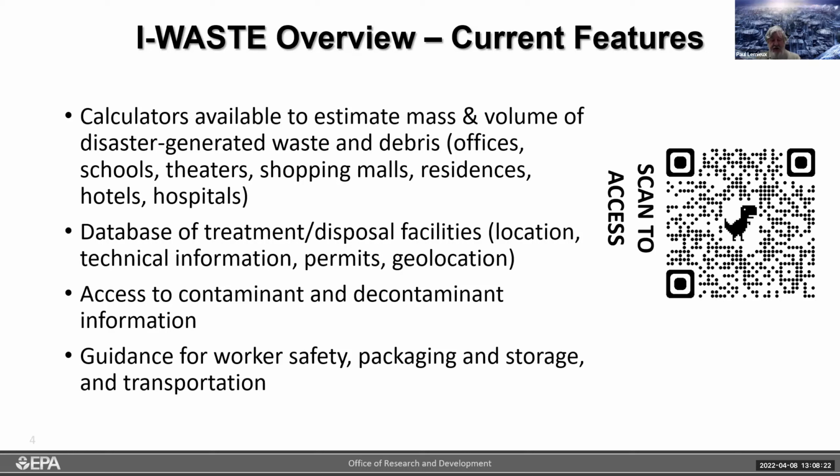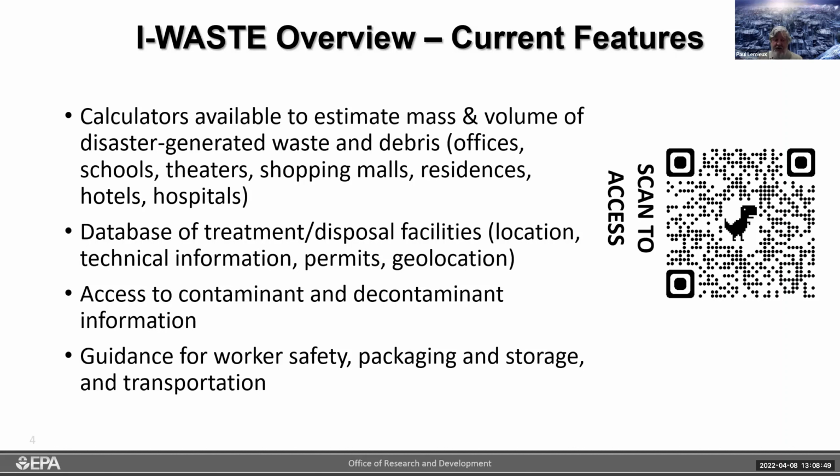But iWaste has just recently got upgraded and put on cloud.gov, so it's out there now. This QR code, you can scan it and it'll bring you to the iWaste website. It has calculators available to estimate the mass and volume of disaster generated waste and debris from a variety of different types of facilities.